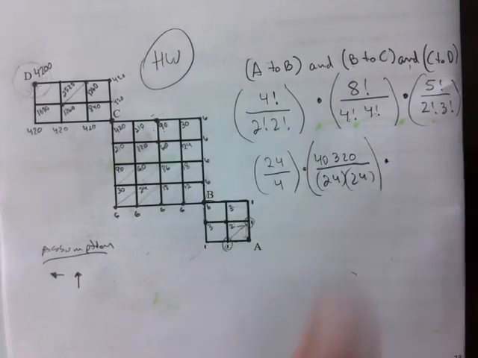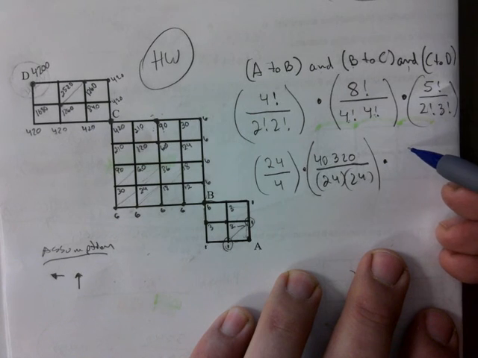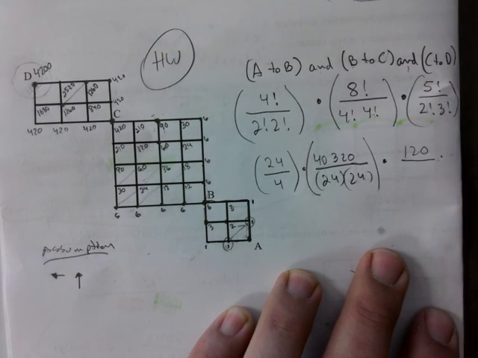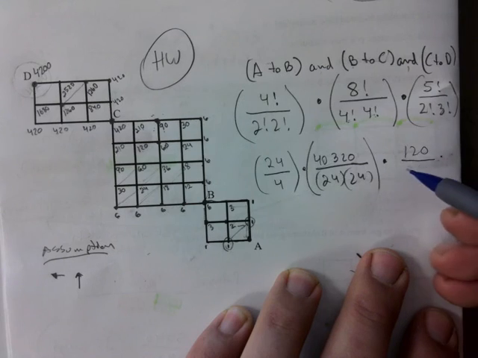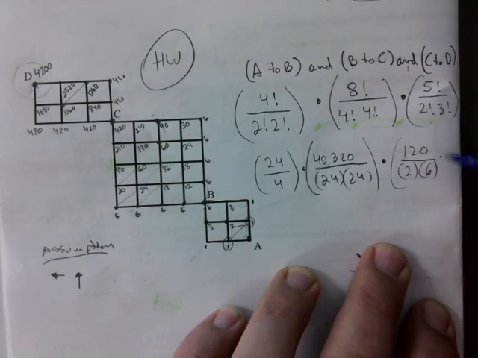And this should always be a whole number, by the way, folks. If you don't get a whole number, you made a mistake. So 5 factorial is 120 over 2 factorial, which is just 2. 3 factorial is 6. So 2 times 6, basically. I'll write it out like this, and that all stays 1.